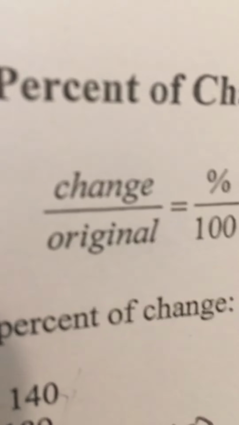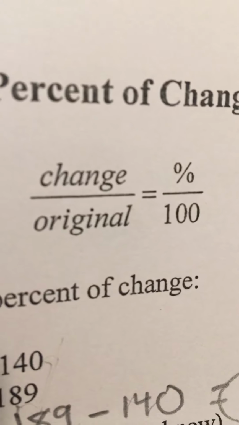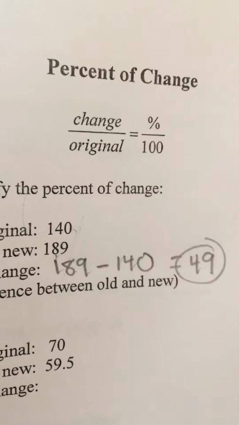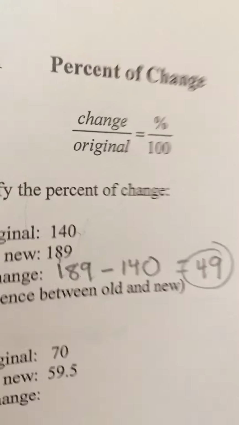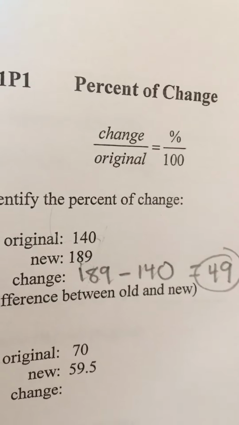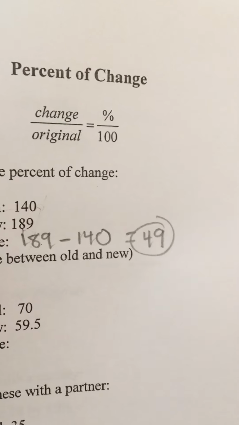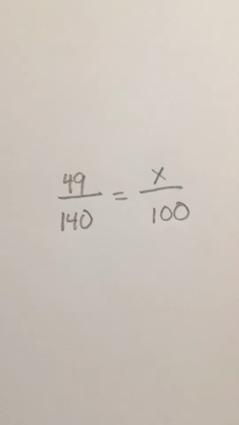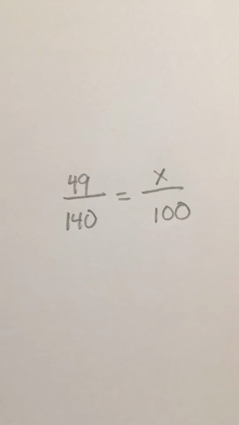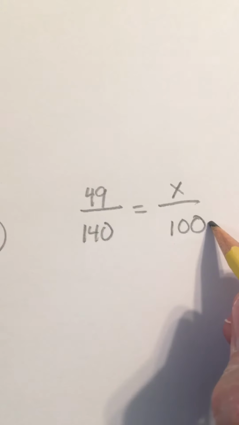So our formula says put change over the original. So in this case, we put 49 over 140, and that will equal the percent, which we're trying to find out, over 100. So 49 over 140 equals x over 100.